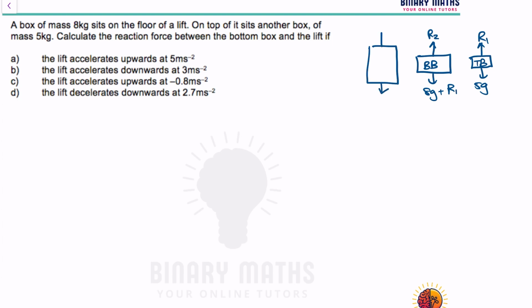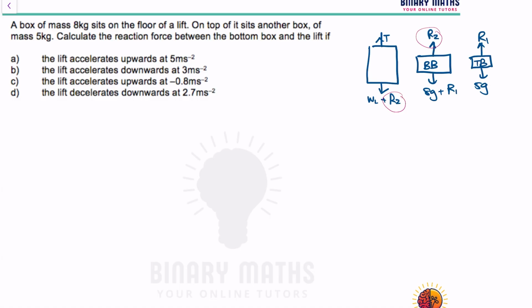We don't know what the weight is. So weight of lift, plus it feels the reaction force from the bottom box pushing down, and then there's tension on the lift. Calculate the reaction force between the bottom box and the lift. So which means we're trying to find, in these cases, R2. Okay, so it means for each situation we'll have to do two things.